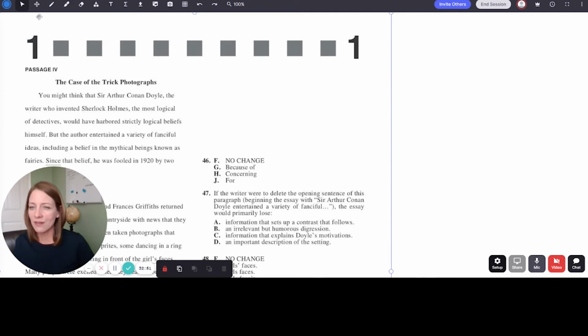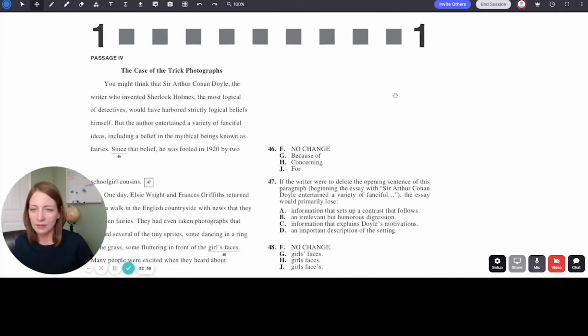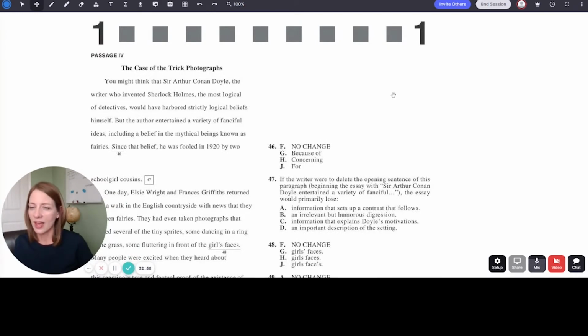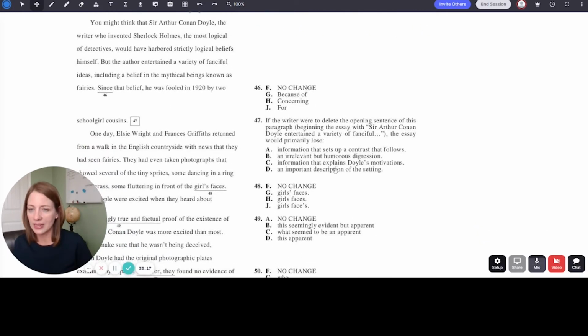Okay, "The Case of the Trick Photographs." You might think that Sir A.C.D., the writer who invented Sherlock Holmes, the most logical of detectives, would have harbored strictly logical beliefs himself. But the author entertained a variety of fanciful ideas, including a belief in the mythical beings known as fairies.